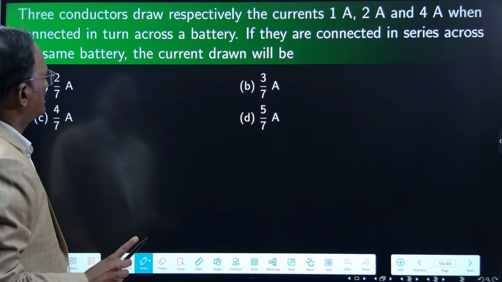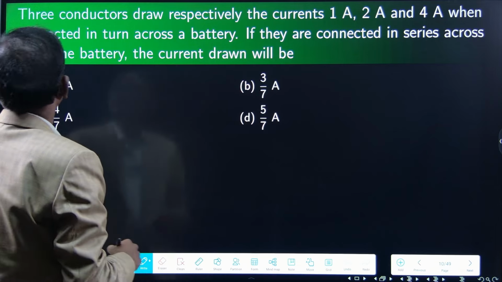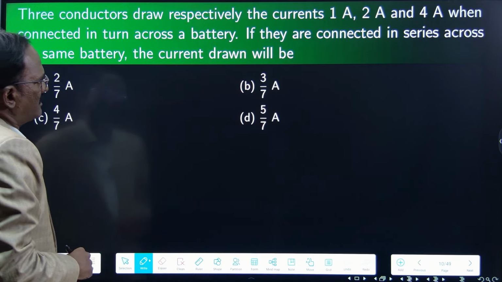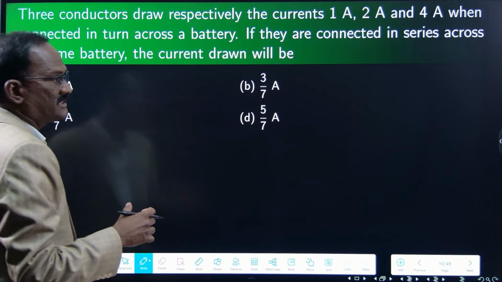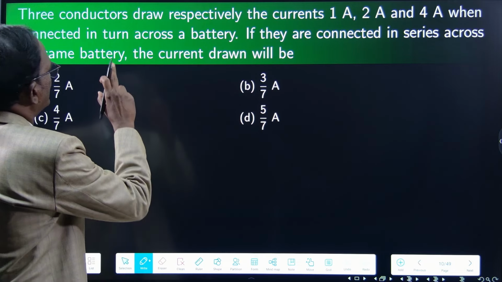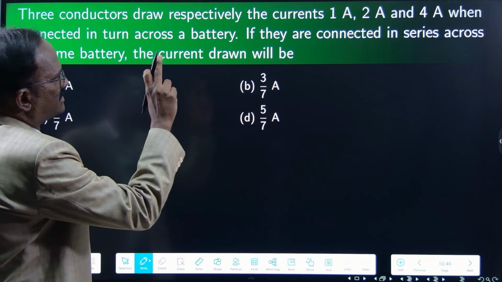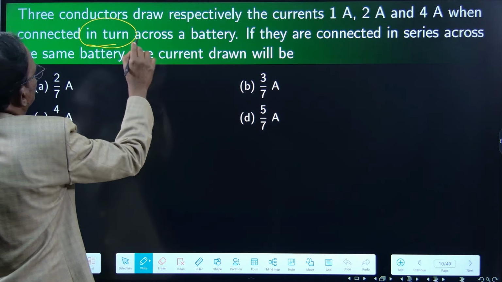3 conductors draw respectively the currents 1 ampere, 2 ampere, 4 ampere when connected in turn across a battery. If they are connected in series across the same battery, what will the current drawn be?